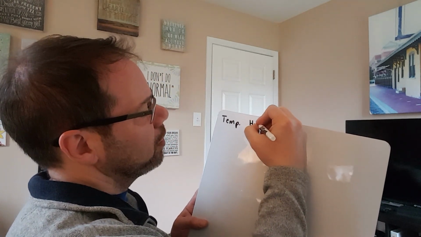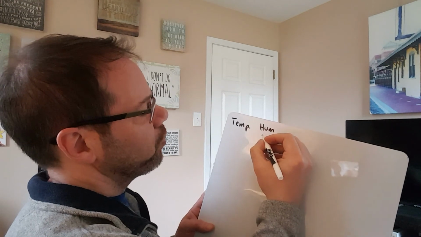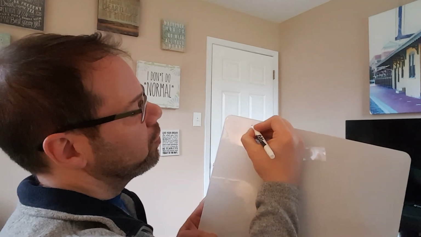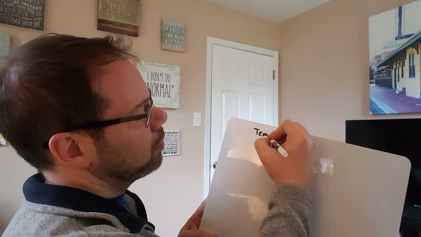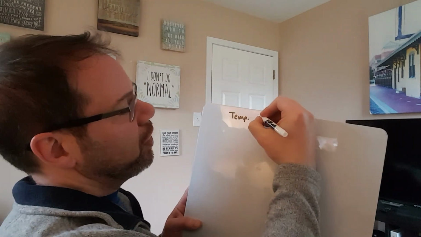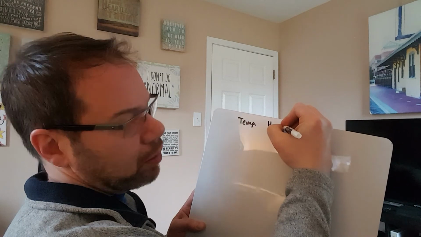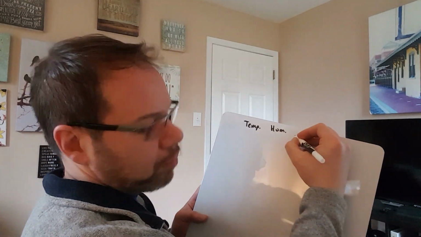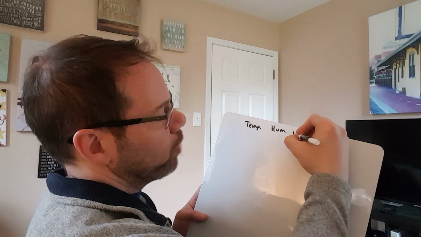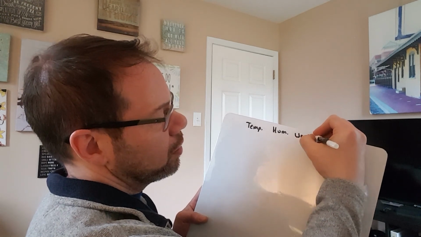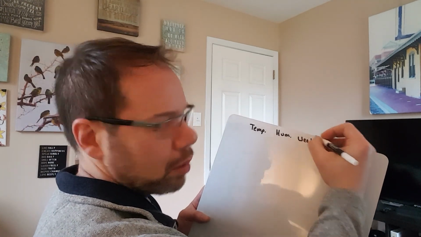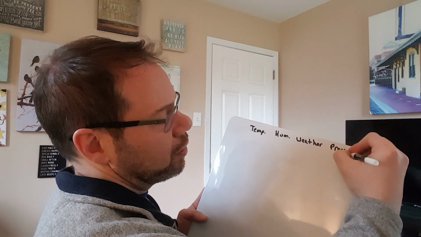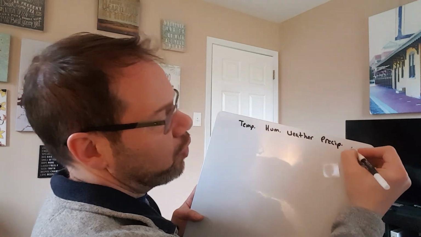Humidity, if you have a way of measuring that. Let me come over to the side a little bit. Hold on. Temp, humidity, let's just call this weather. Precip, and I'm abbreviating here, and wind.